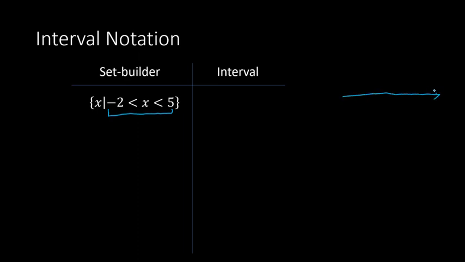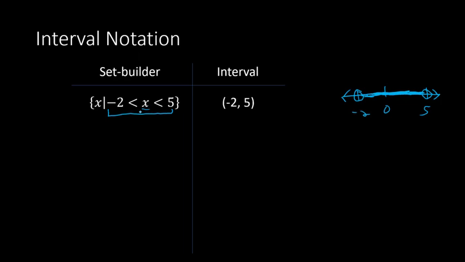If you put this on a number line, we have -2, here's 0, 5 is somewhere over here. If you were to graph this, it would be an open circle at -2, open circle at 5, and it's going to be everything in between, because x is between those two things. So you shade in everything in between, and this would be your graph. So we see it's between -2 and 5. That's your values of x.